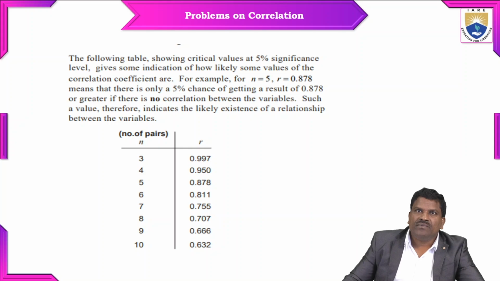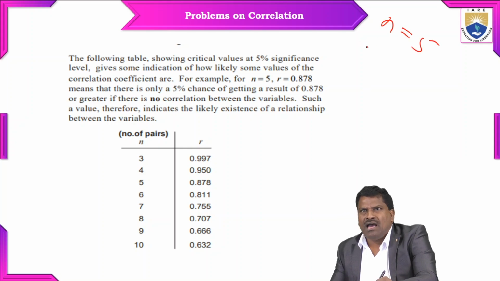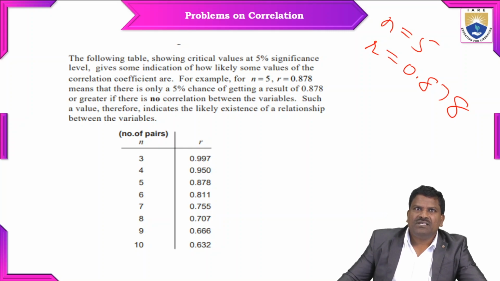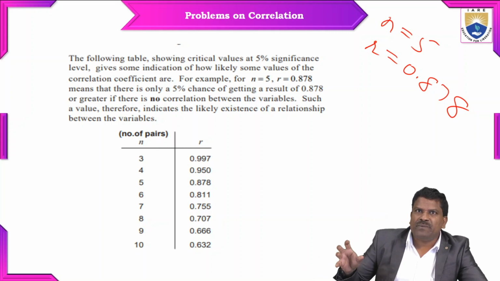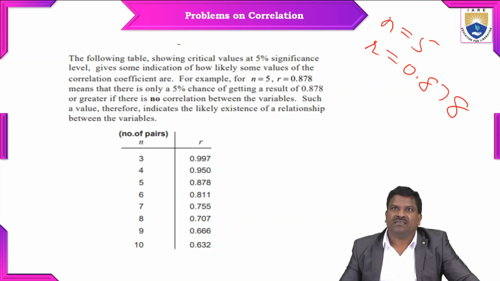For example, for n equal to 5, the R value is 0.878. It means that there is only a 5% chance of getting a result of 0.878.